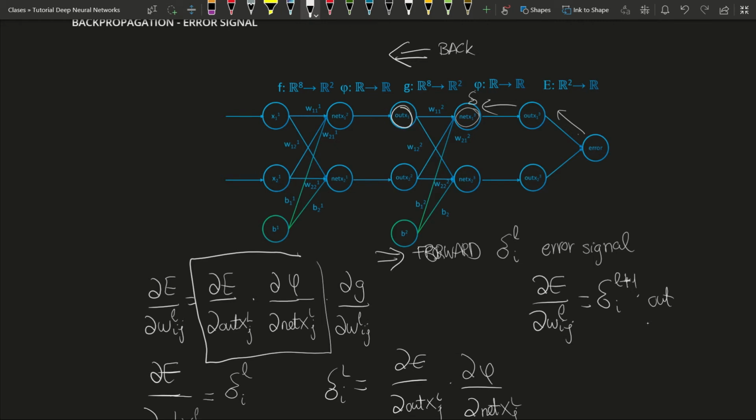That in this case it will be this if we want to calculate this derivative. So it will be here i and here the layer.